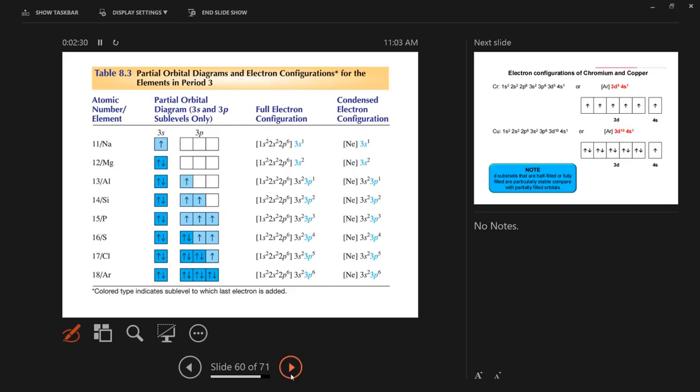And here is what we call the partial orbital diagram and electron configuration for elements in period 3. So here the sodium has atomic number 11.